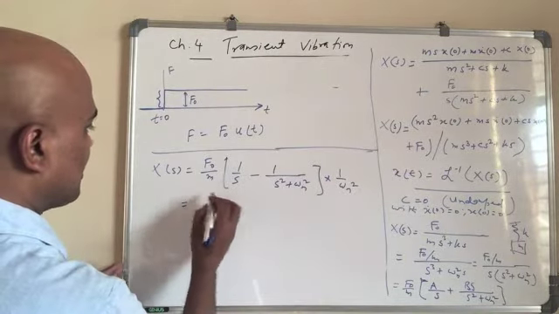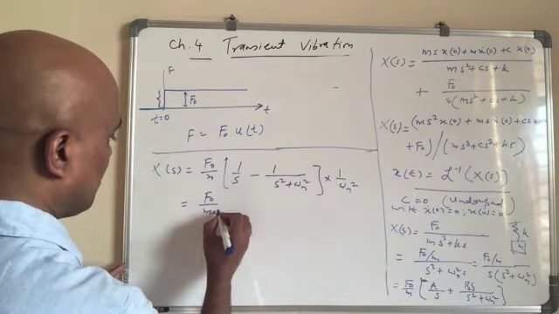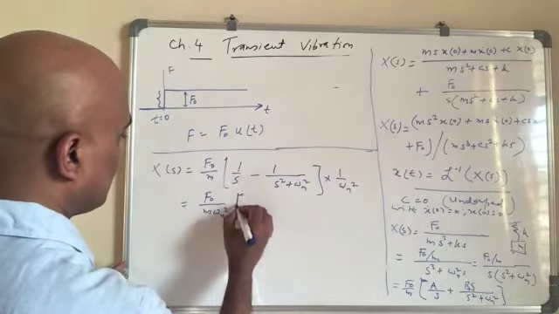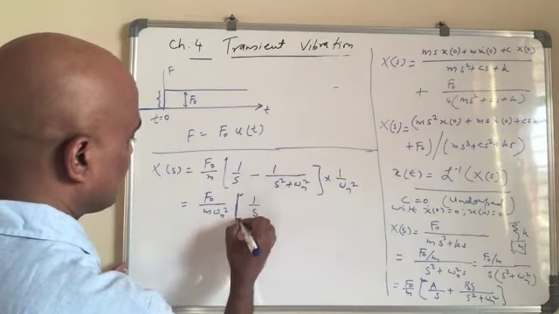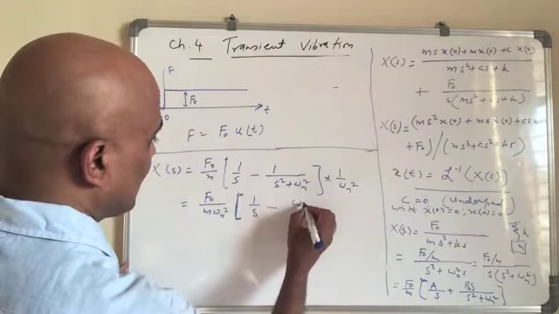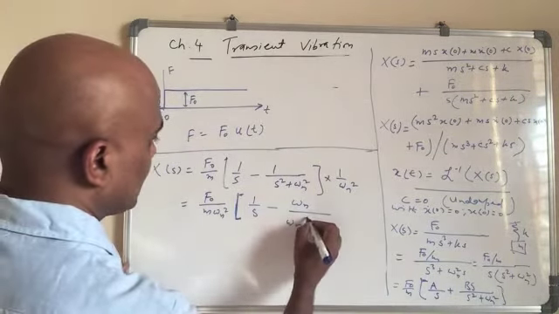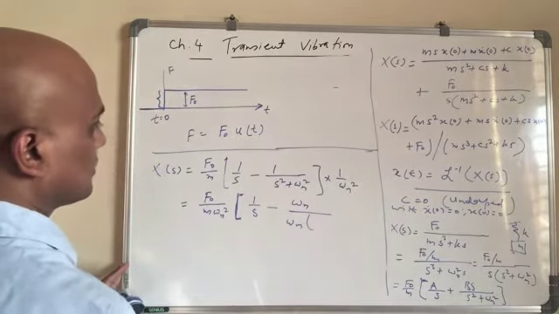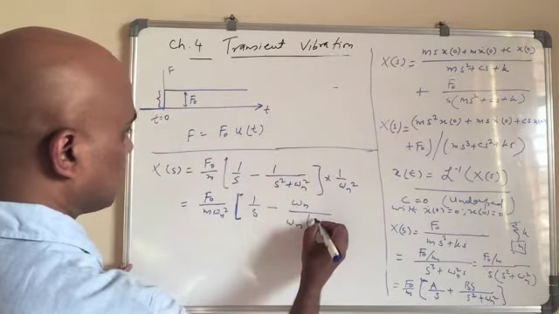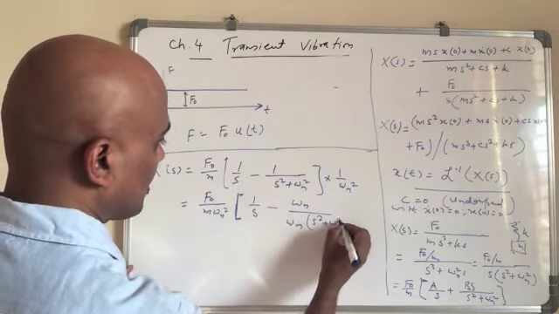So it is equal to f naught over m omega n square, and here we have 1 over s, and then minus, then here we can write omega n over omega n, and here it will be s square plus omega n square.